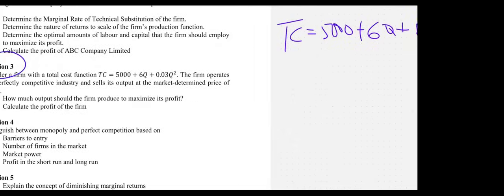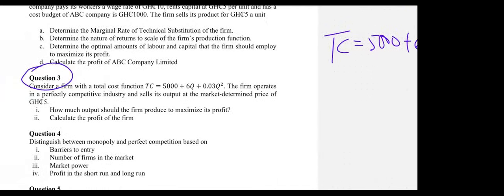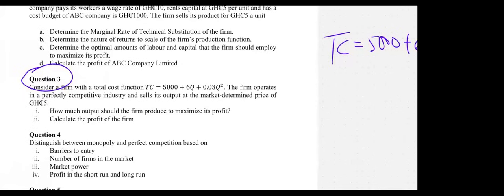So consider a firm with a total cost function, TC equals this. The firm operates in a perfectly competitive industry and sells its output at the market-determined price of 5 cedis. So P equals 5.